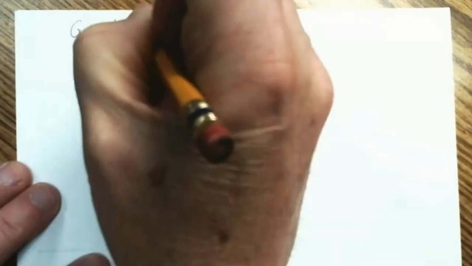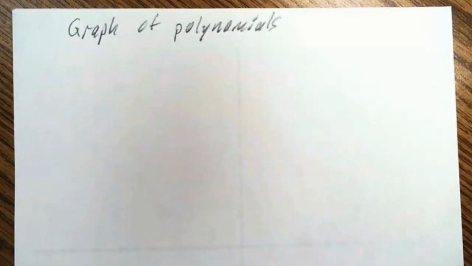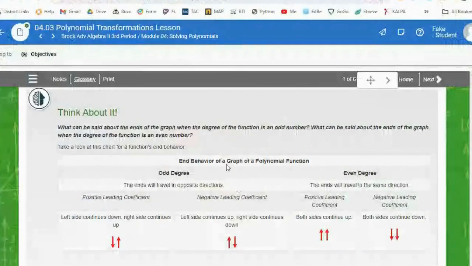All right, let's see. Graph of polynomials. Do they have anything at the top on there? No, it's just the end behaviors, right?